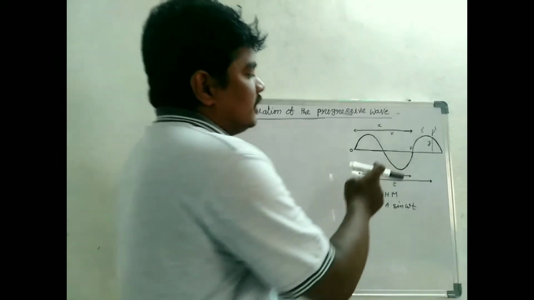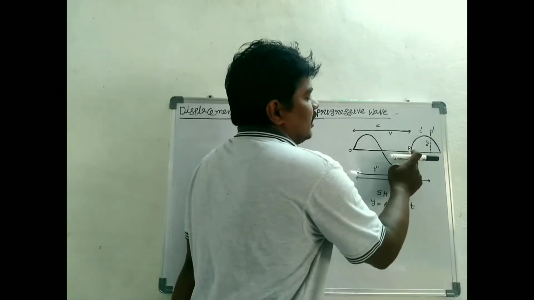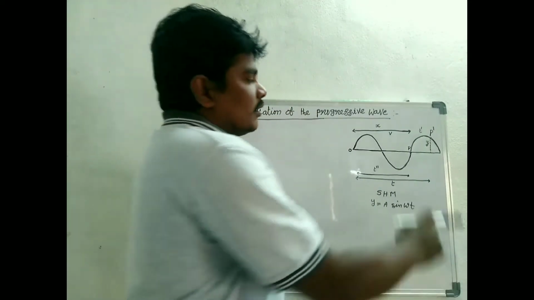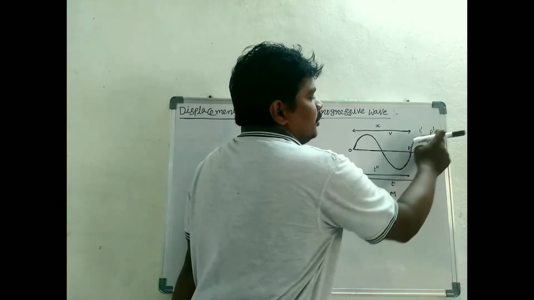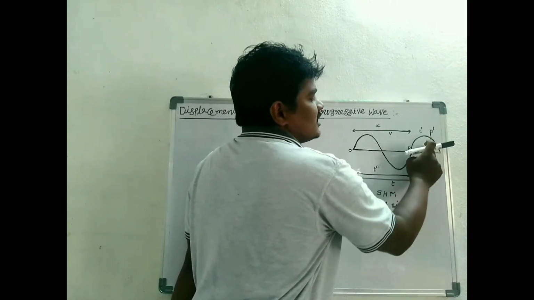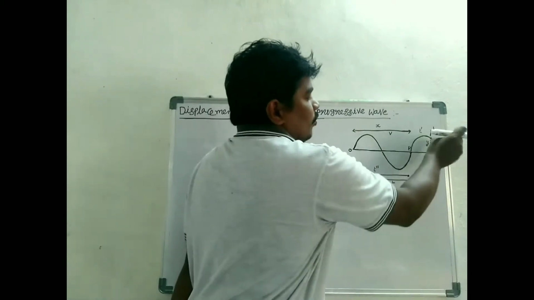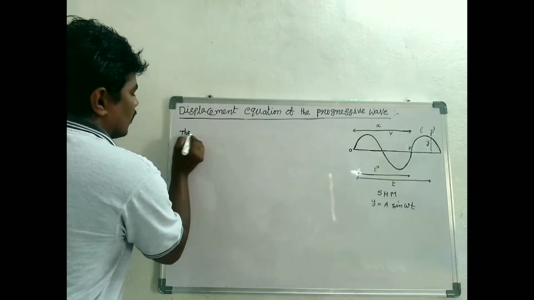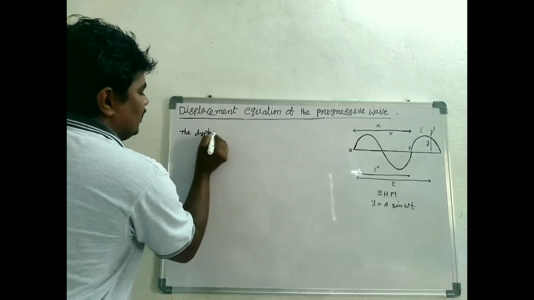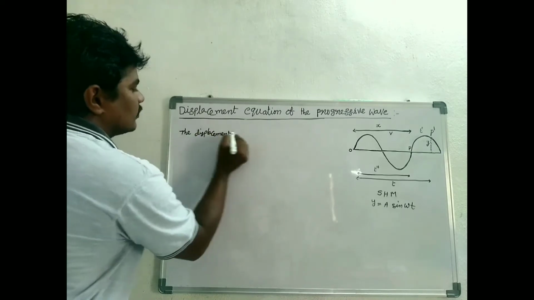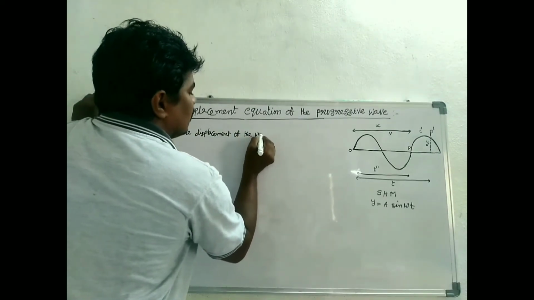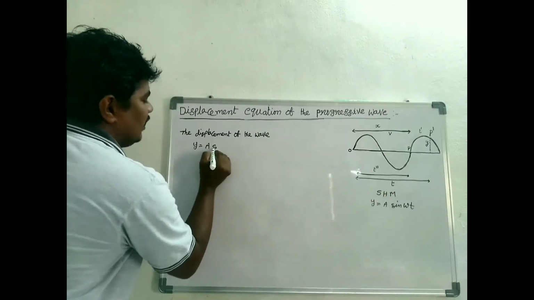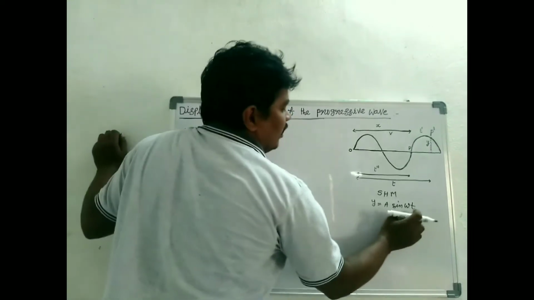Here, for our convenience, let the wave be propagating from point P to point P dash. When the wave is propagating from P to P dash, the displacement is y. So we take that displacement of the wave, y equals a sin omega t.